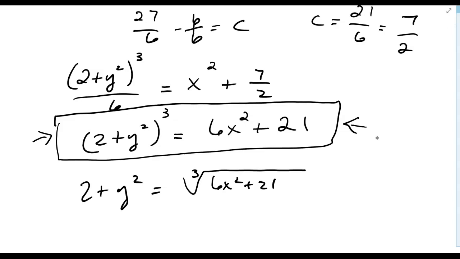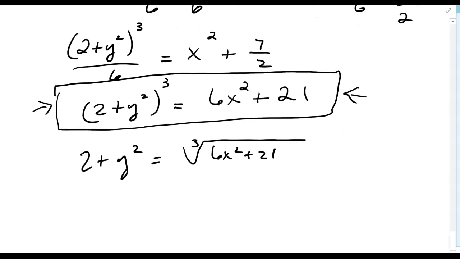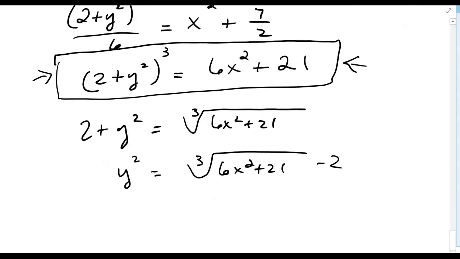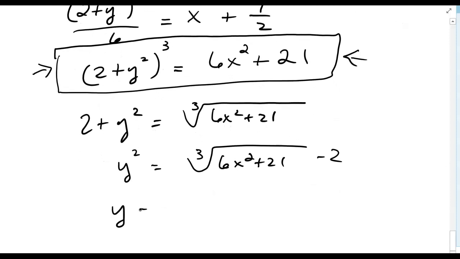Because you have to take the cube root of both sides. Yeah, it's just going to be a little messy, right? Minus 2, and then you got to take the square root. So it actually looks like this, which is nuts.